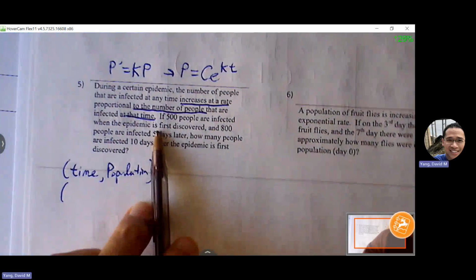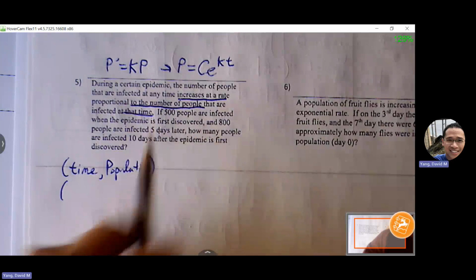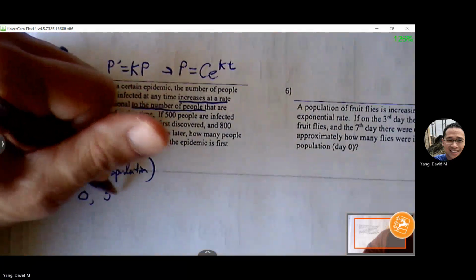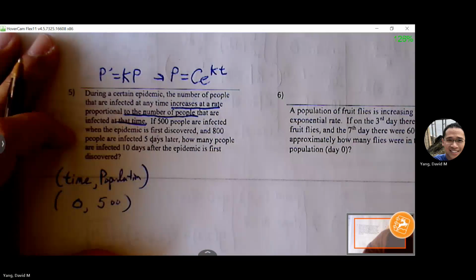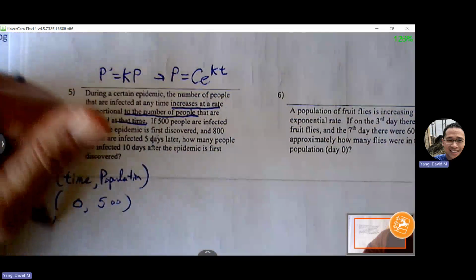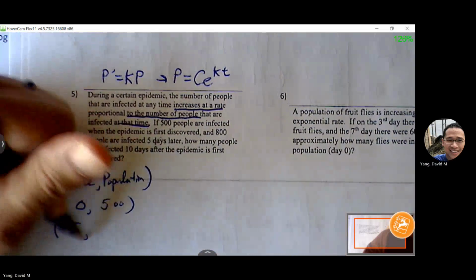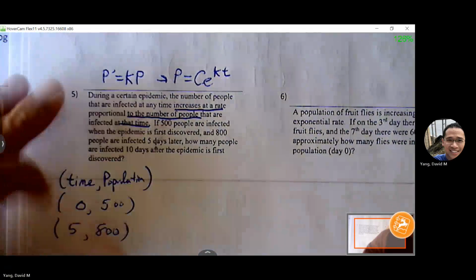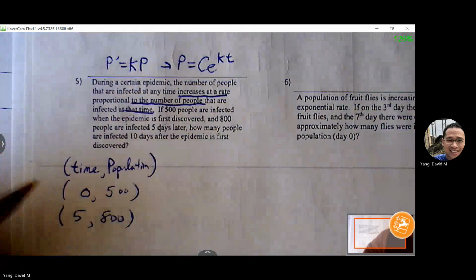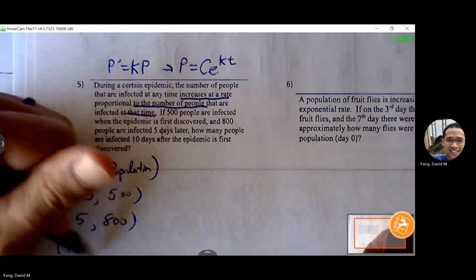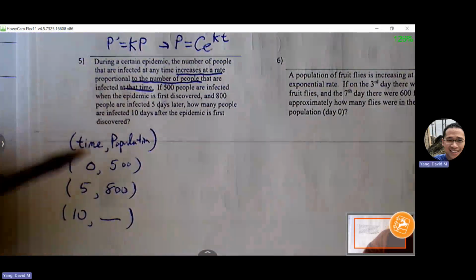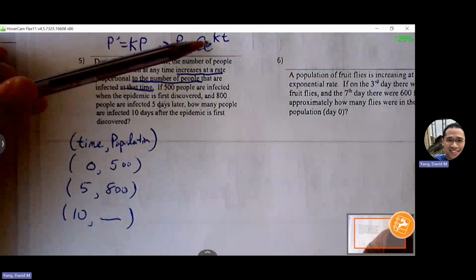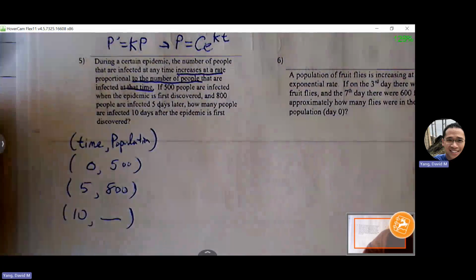When the epidemic is first discovered, we'll let that be t equals 0. 800 people, 5 days later. How many after 10 days? So the (0, 500) we can use to solve for C, and then we can use the second ordered pair to solve for k.